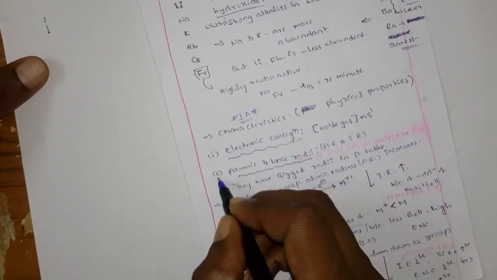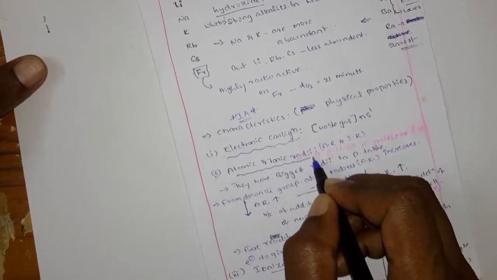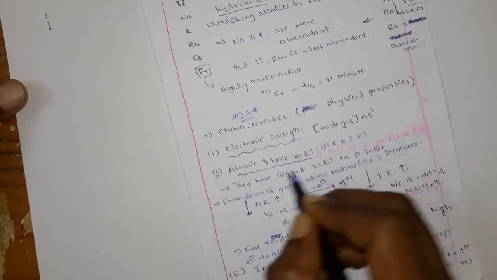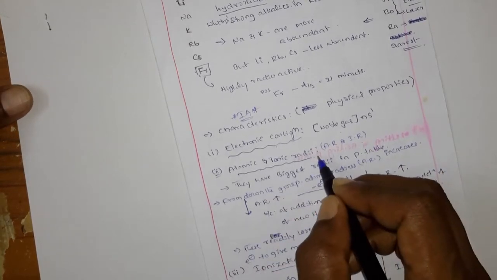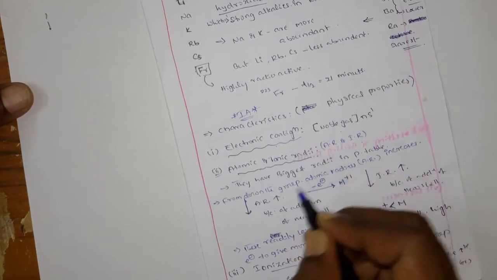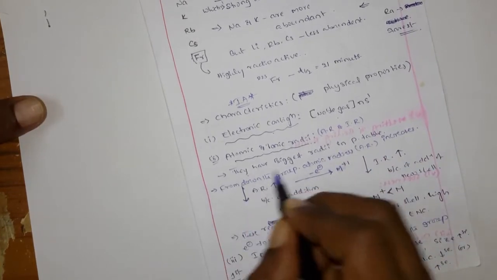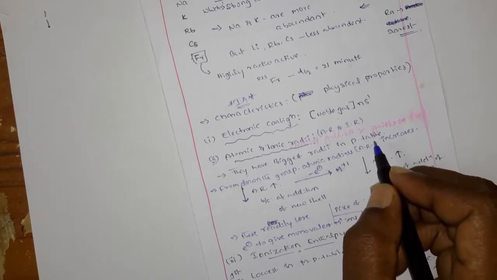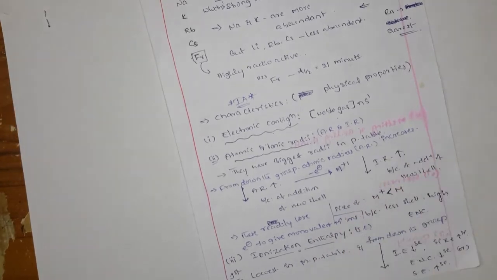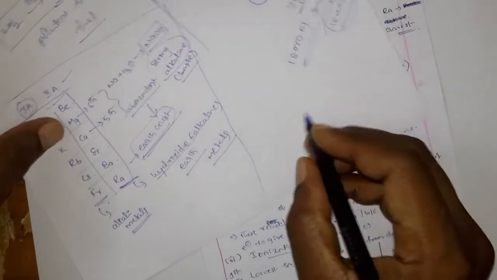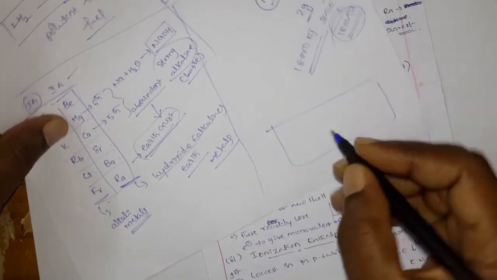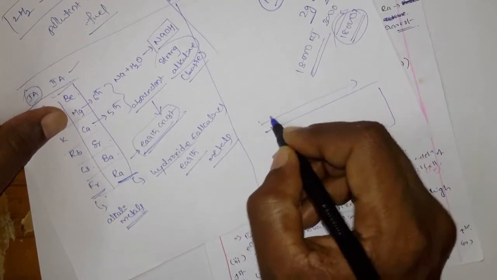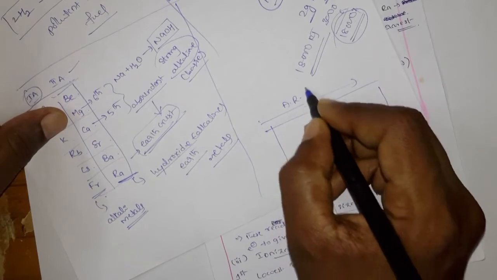The next parameter is the atomic as well as the ionic radius, AR and IR. Generally these elements have the biggest radii in the periodic table, because you know that in a period from left to right the atomic radius decreases.